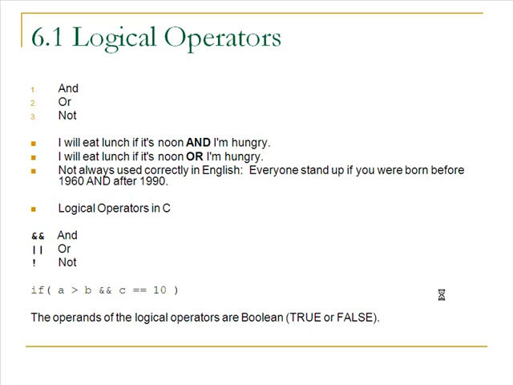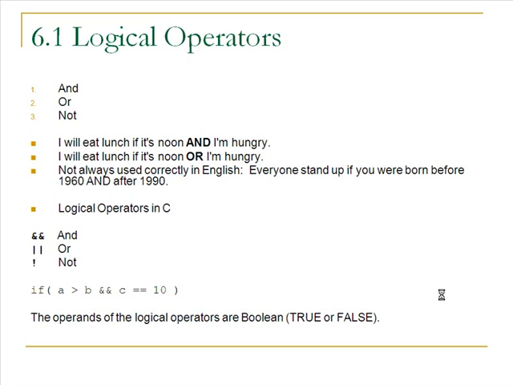In English, however, we very often don't use them correctly. I was in a meeting once where the speaker said, "Everyone stand up if you were born before 1960 and after 1990." And certainly all of the younger people and all of the older people in the room stood up. No one was born before 1960 and after 1990.